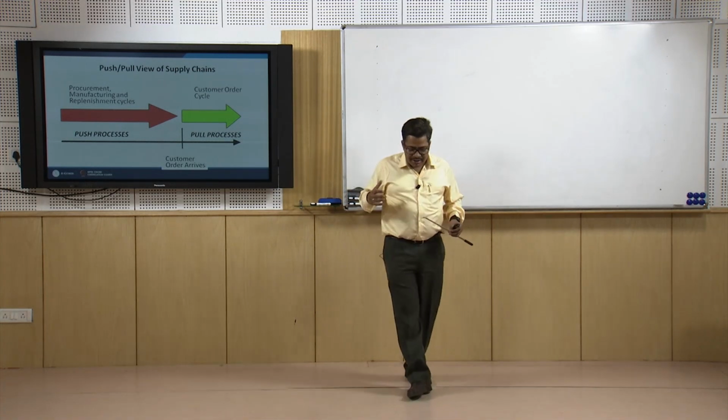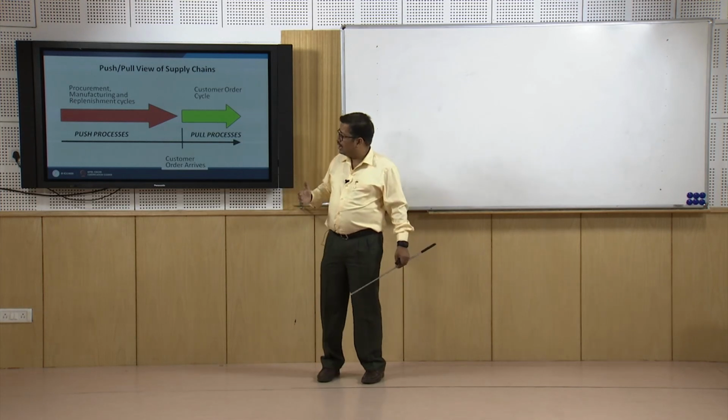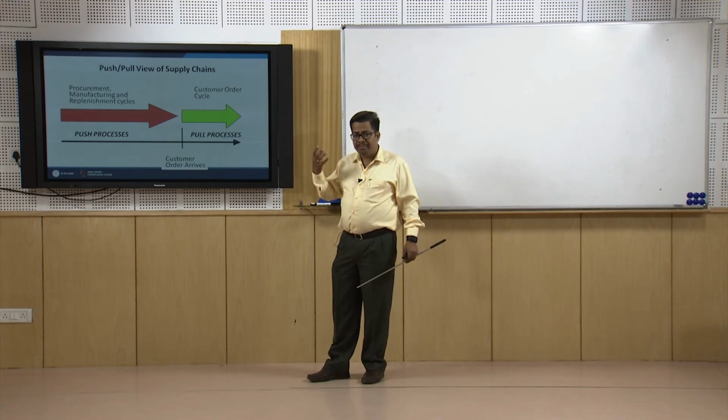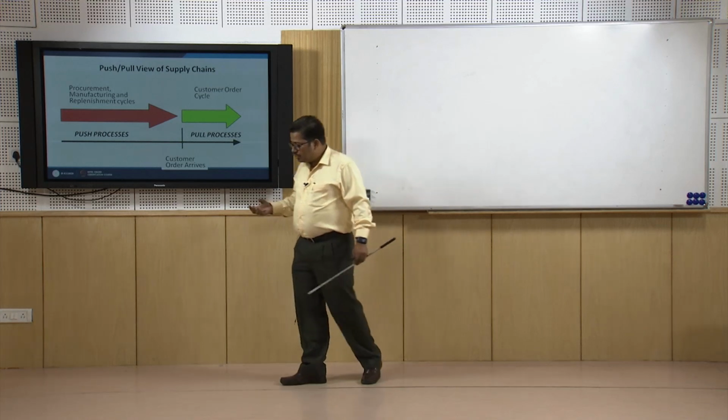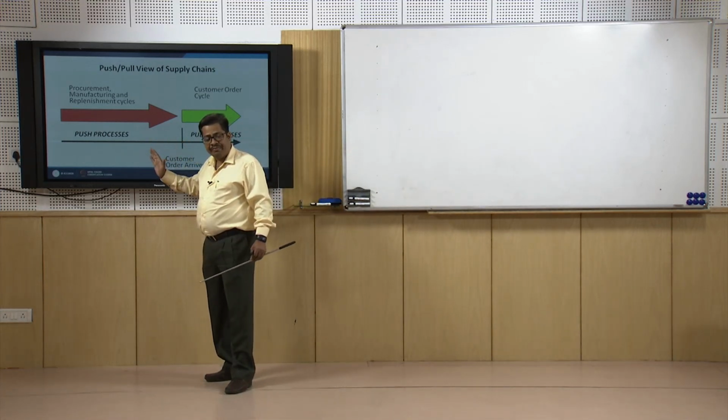And nowadays with the help of data driven analysis, with the help of data driven decision making processes, it is very important that you should have a dynamic type of push pull boundary.